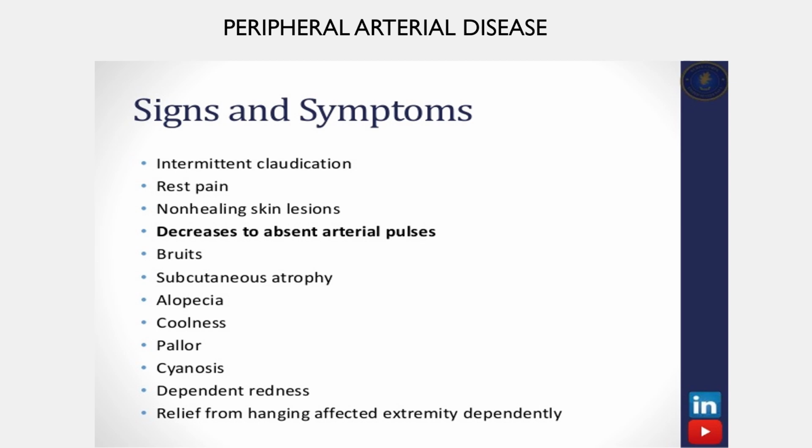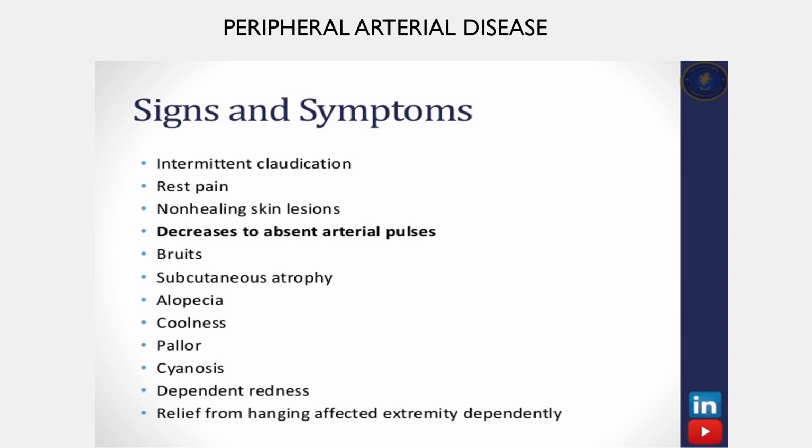Subcutaneous atrophy just means that the tissue is starting to shrink away because it just doesn't have enough blood supply, and that's with a partial blockage. Alopecia, loss of hair to the leg, sure, a partial blockage.